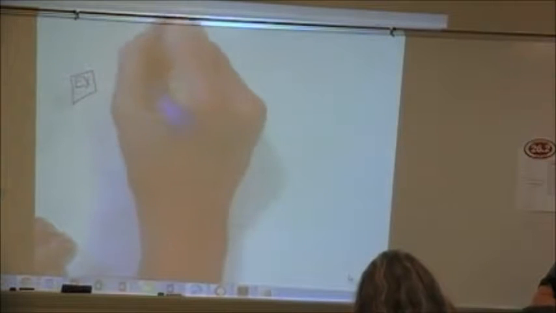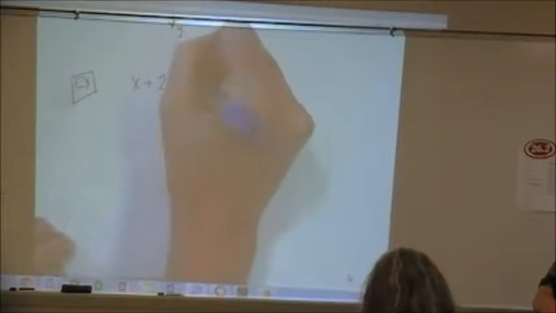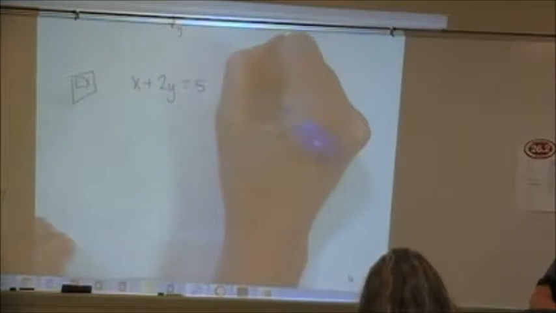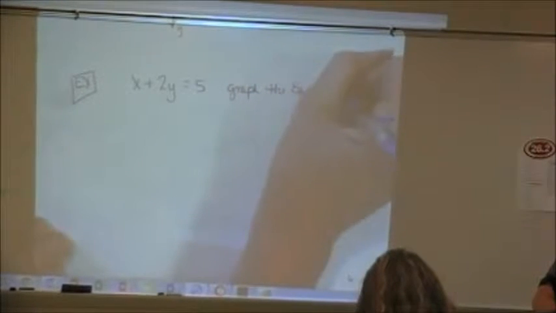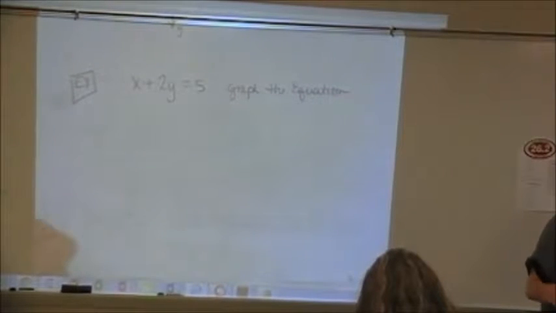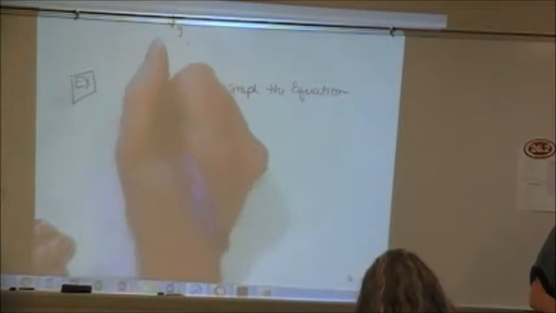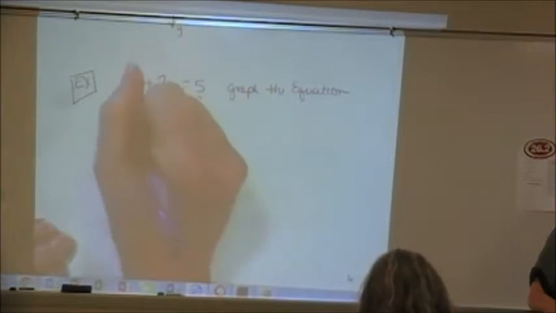So let's say they give you this. And it says graph the equation. Before we can graph it, we need to first put it in slope-intercept form. So I'm going to move that over.